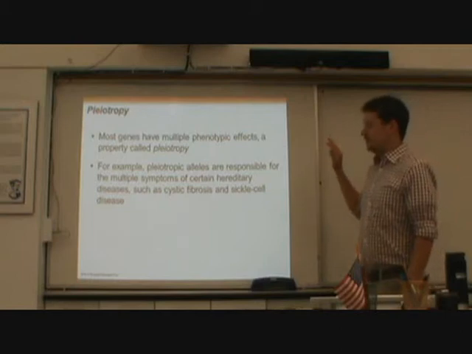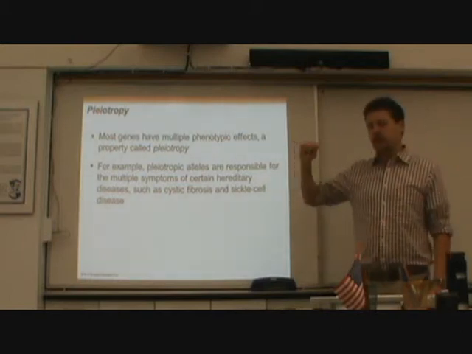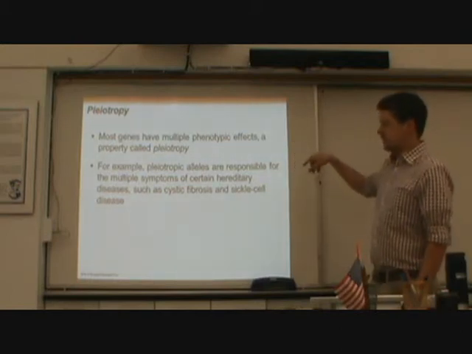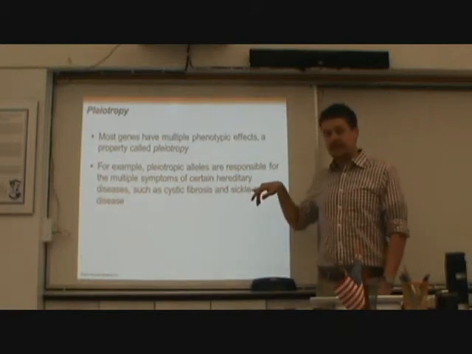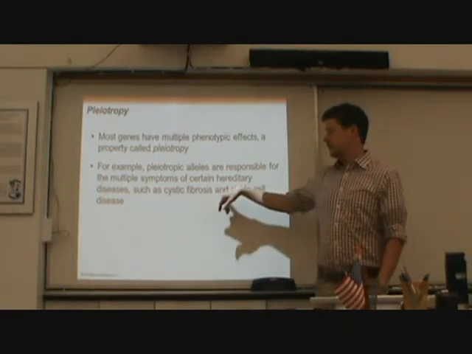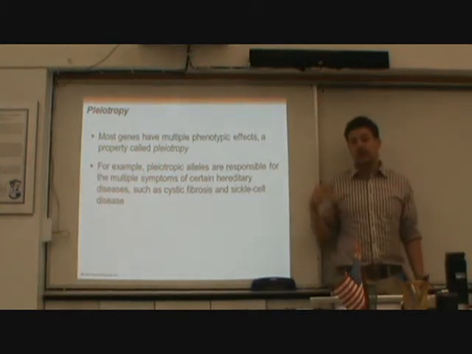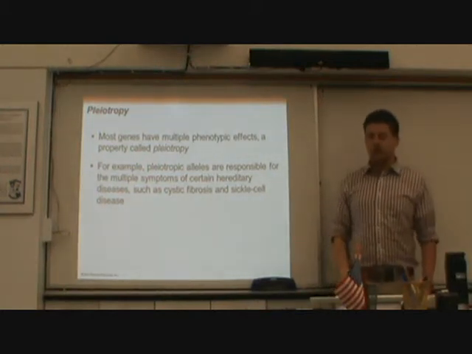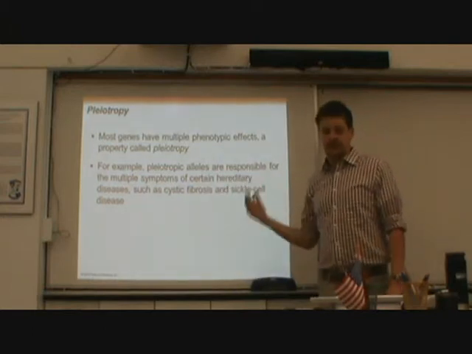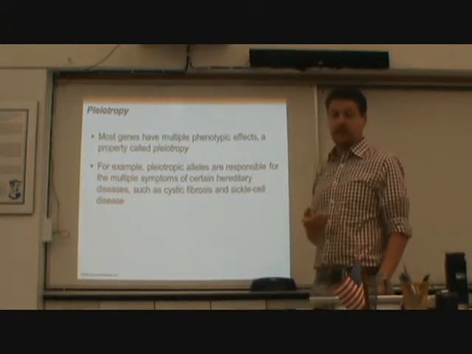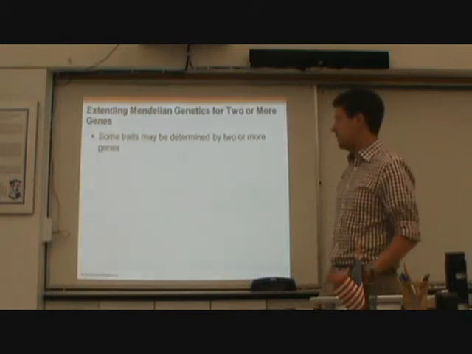There are pleiotropic alleles that are responsible for certain diseases like cystic fibrosis and sickle cell disease, and those diseases have multiple symptoms, but they're caused by just one gene. So that's one gene having multiple effects, in this case, causing multiple symptoms in different diseases.